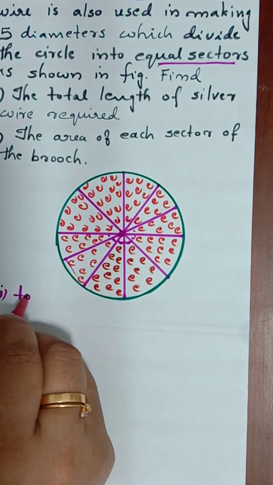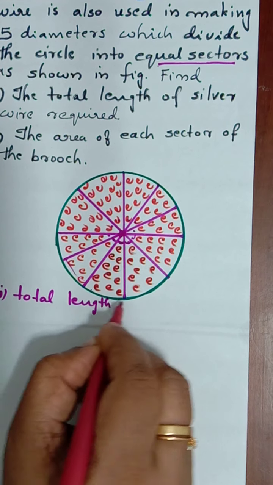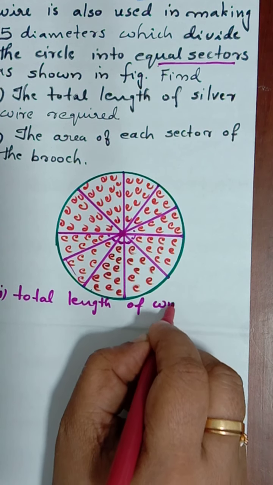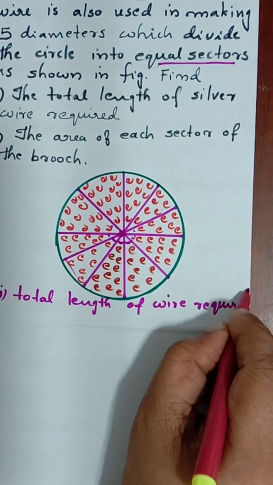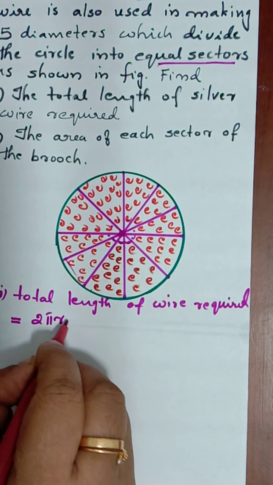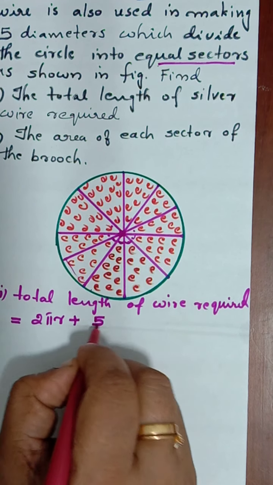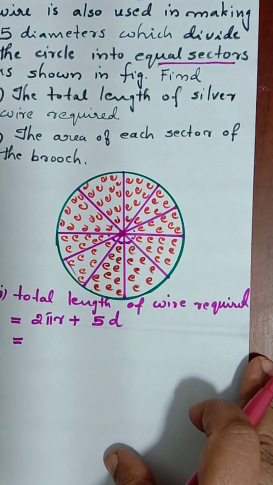First one, total length of wire required. That's equal to circumference 2 pi r plus 5 diameters. It's easy to cancel. Here it is given in millimeter, that we have to convert to centimeter.